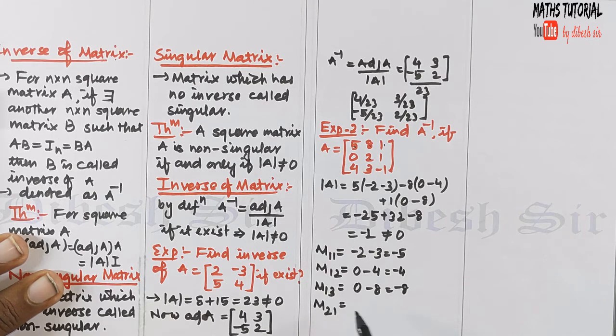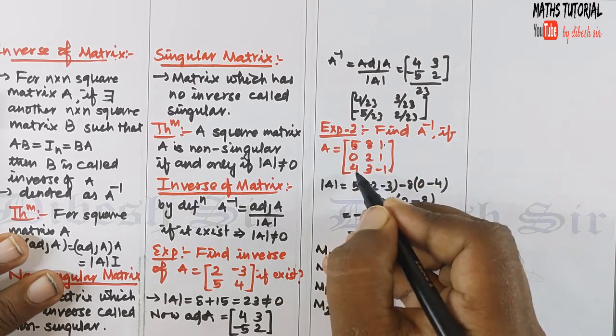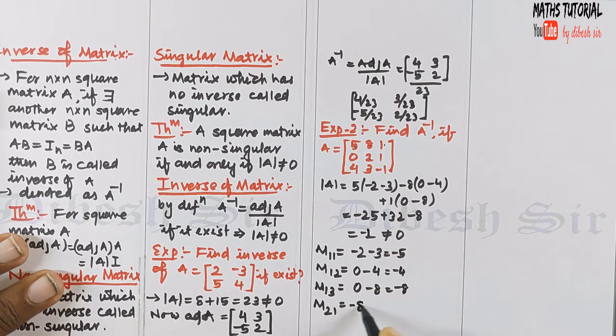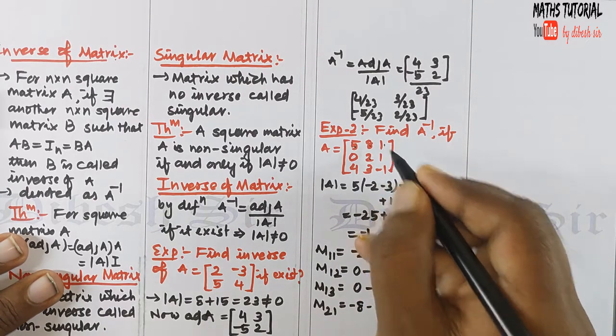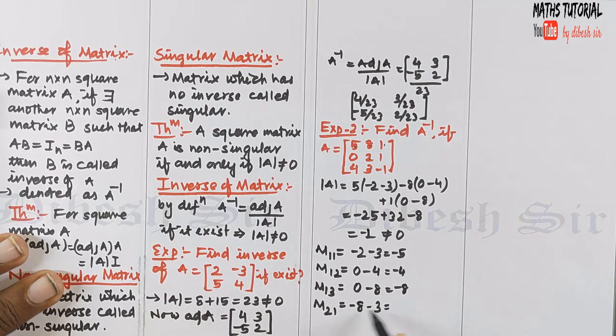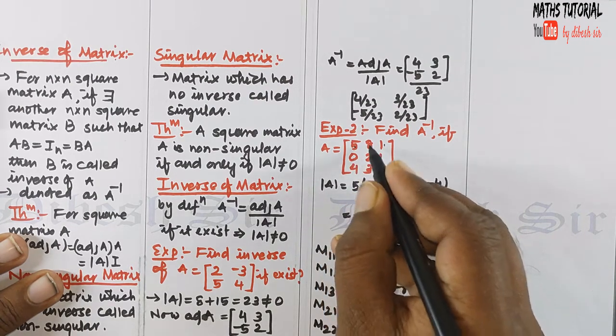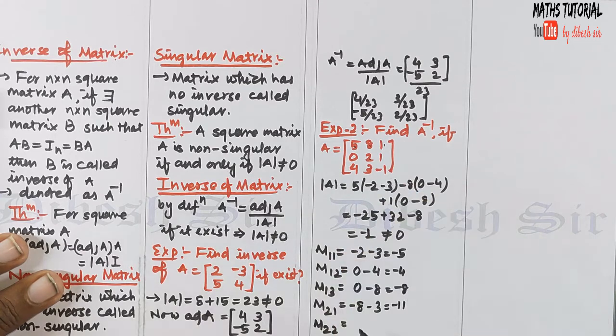M21, second row, first column. That is 8 into 1, 8, minus 3 into 1, 3. 8 minus 3 is... minus 11. M22 means second row, second column. 5 into minus 1, minus 5, minus 4 into 1, 4.